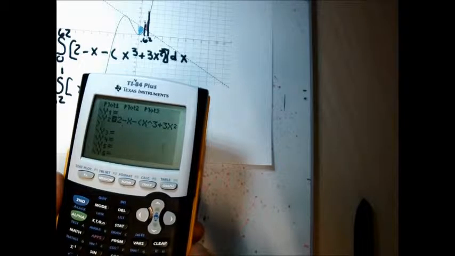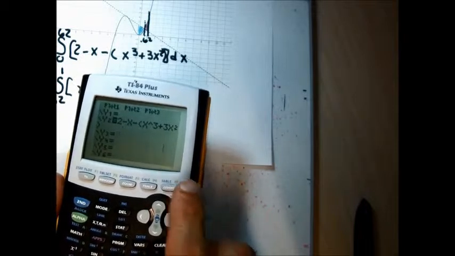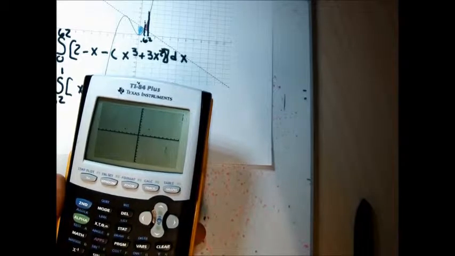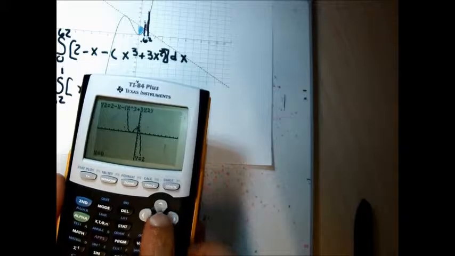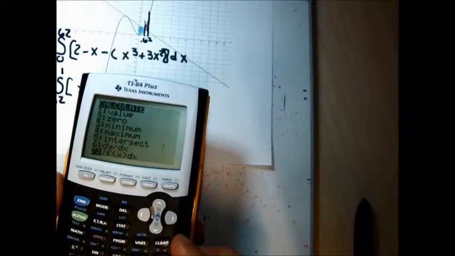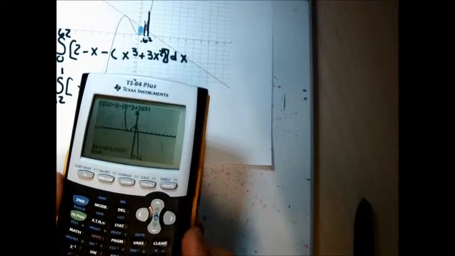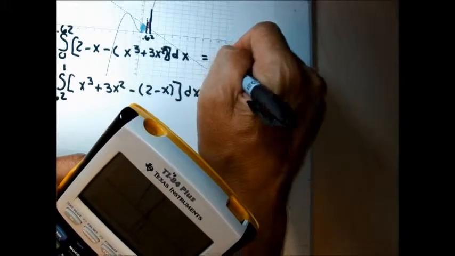So that will have the same graph as if I dumped out the parentheses and combined like terms. So I'm going to graph it. I'm going to find the first area by going second calc, going down to option 7, integrating from 0 to 0.62. And I get 0.77 for this area.